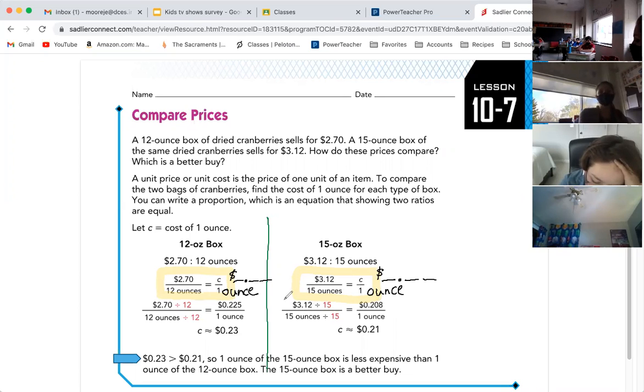So one way to calculate the unit rate, remember, is to simply divide. So $2.70 divided by 12 is going to get us the result 0.225. What does that mean in terms of dollars though?